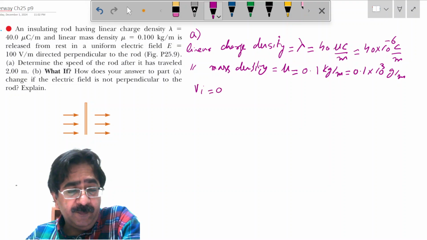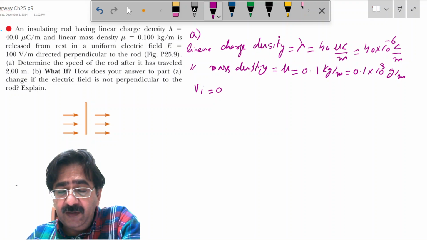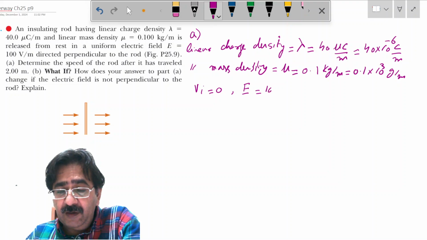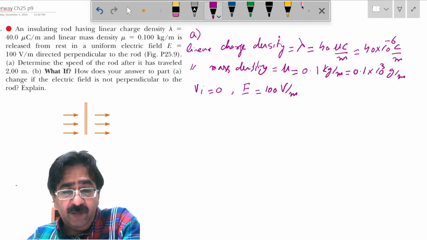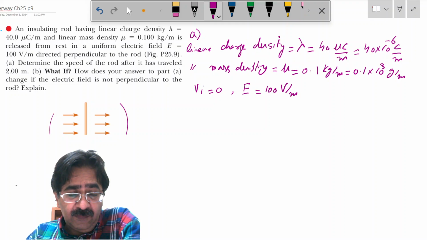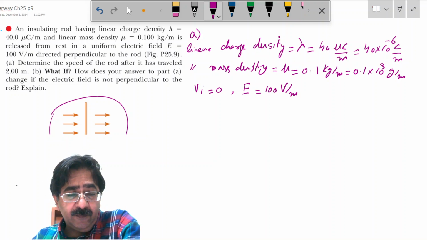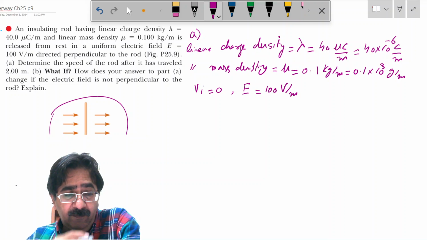It is released from rest, meaning Vi is 0, in a uniform electric field, which is 100 volt per meter, that is perpendicular to the rod, as shown in the figure.